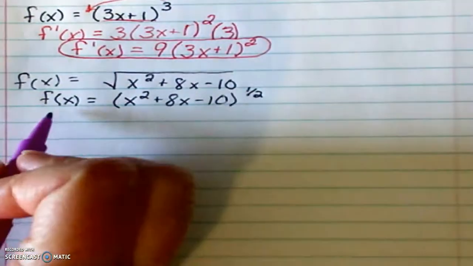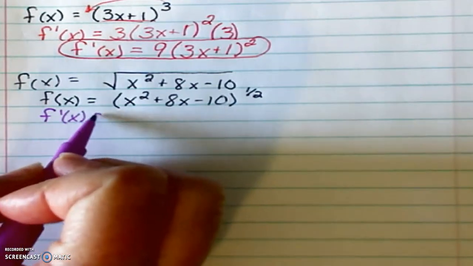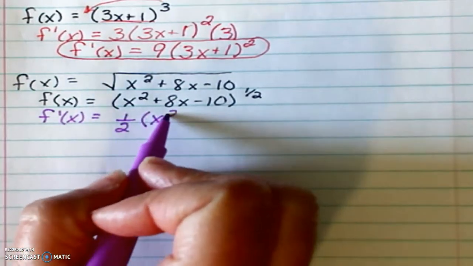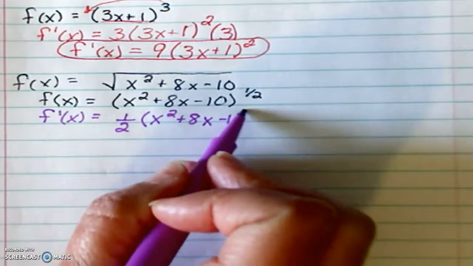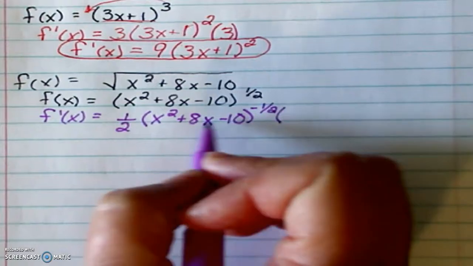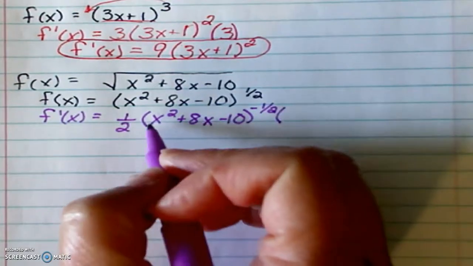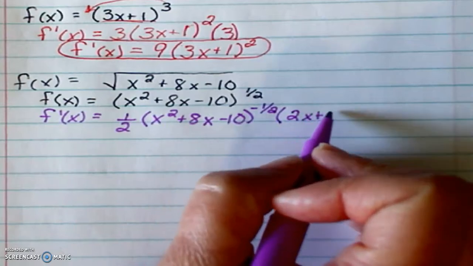Now we can continue with the derivative. When you take the derivative, you bring down the exponent, keep what's inside the parentheses the same, decrease the exponent by 1, which is negative 1/2, and then don't forget to take the derivative of what's inside, which is going to be 2x plus 8.